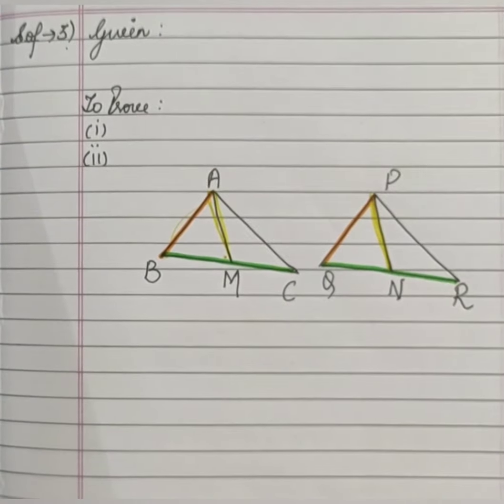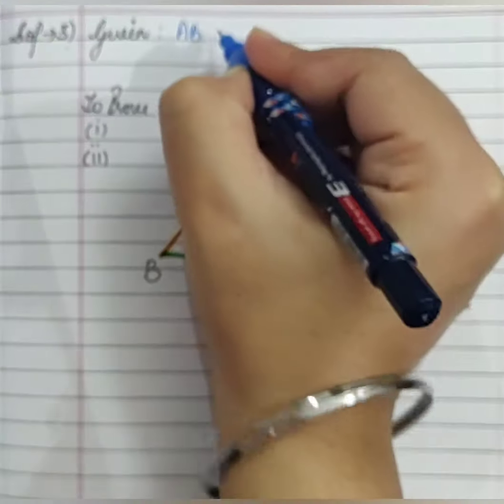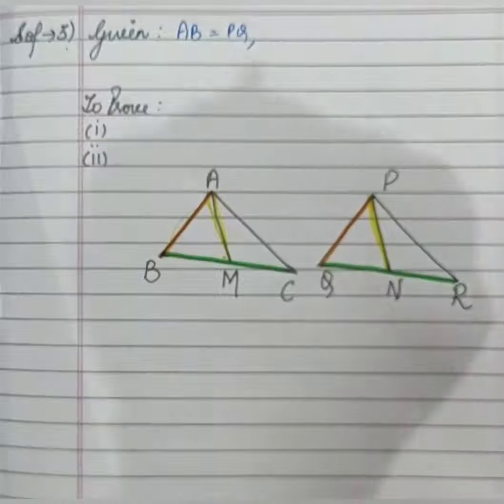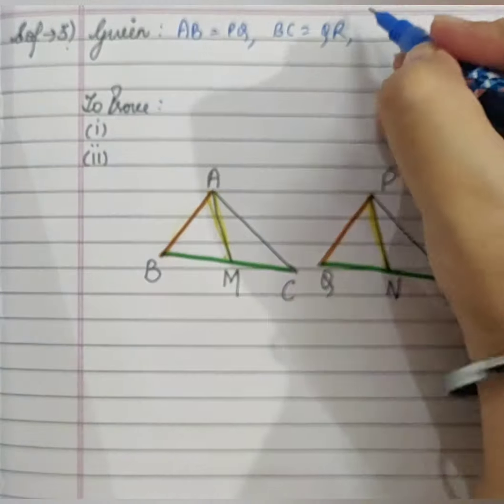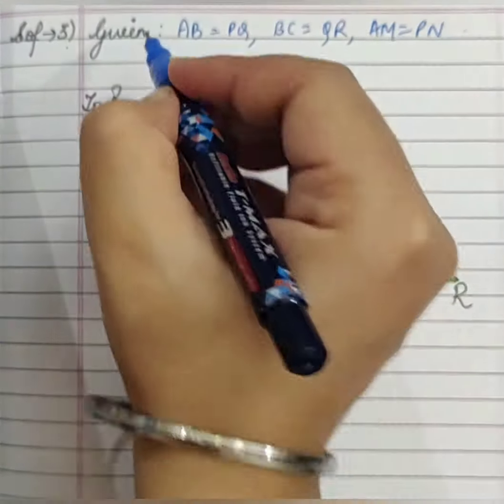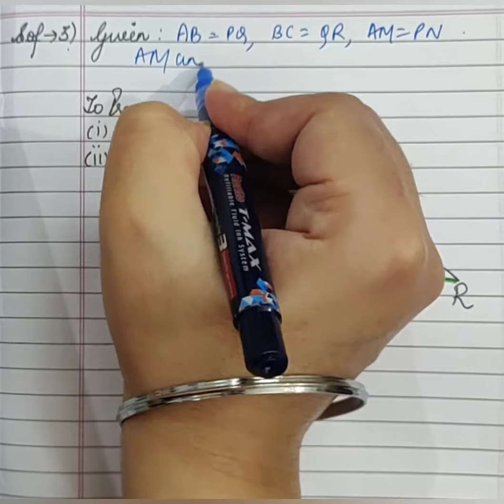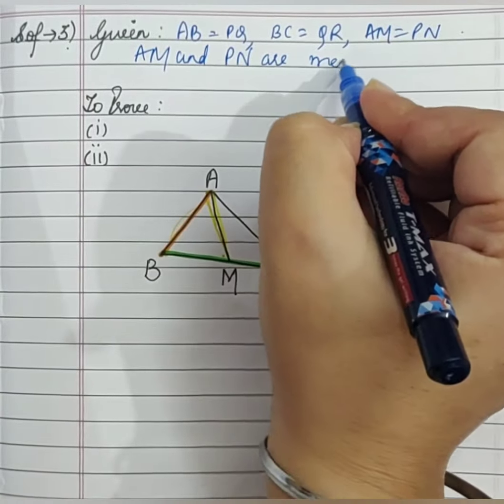Let's start writing the given portion first. AB is equal to PQ, BC is equal to QR, and AM is equal to PN. AM and PN are medians.